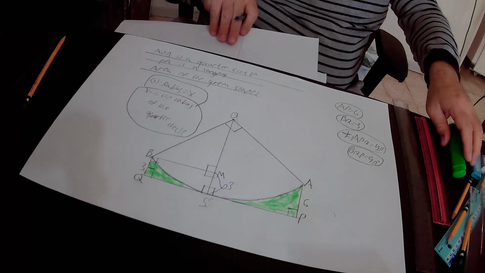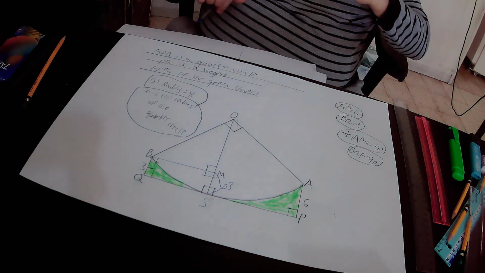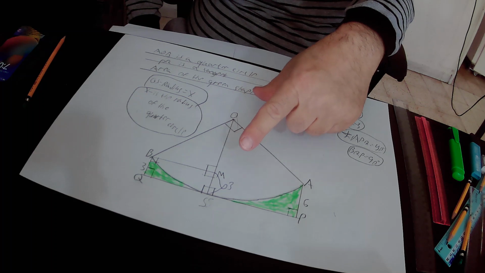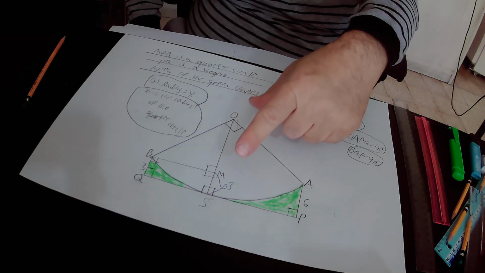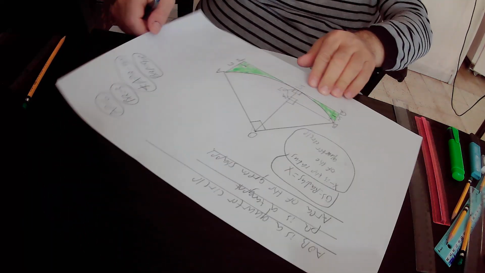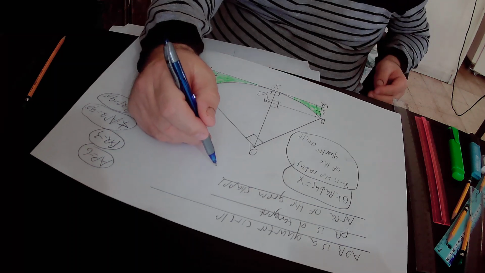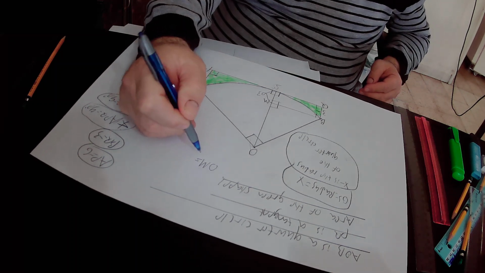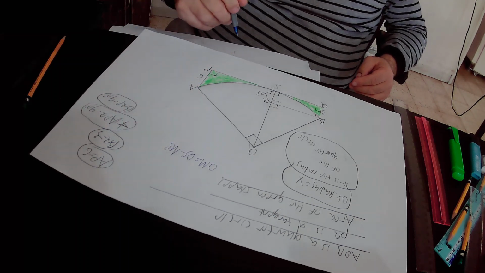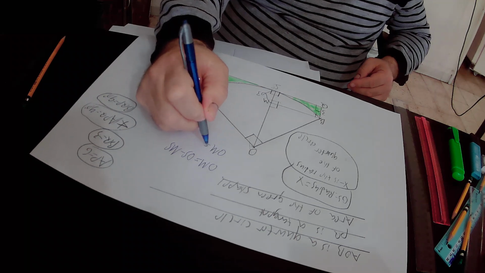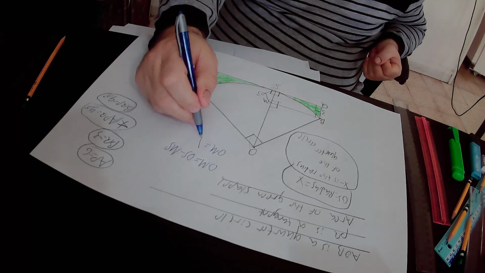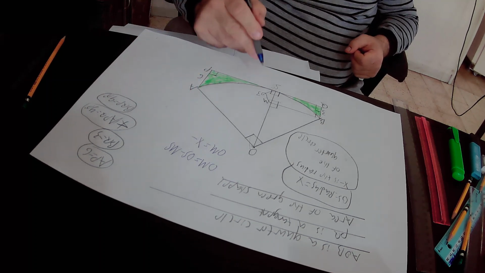What is the length of line segment OM? From the drawing, it is very easy to see that OM equals OS minus MS. So I write it down. OM equals OS minus MS. OS is the radius of the quarter circle that is equal to X according to our definition, minus MS. MS equals 3.